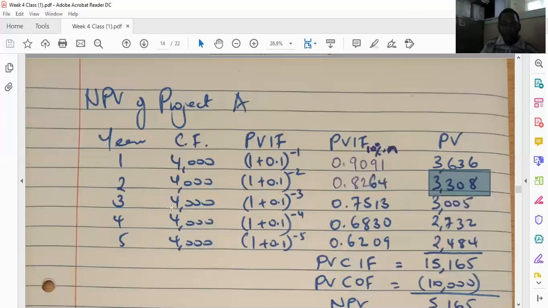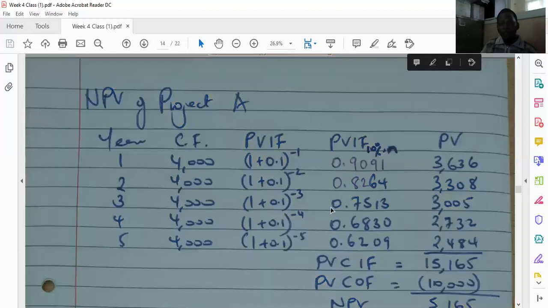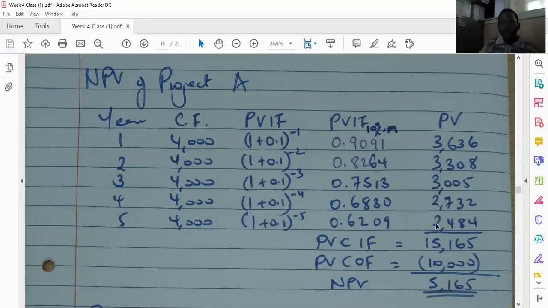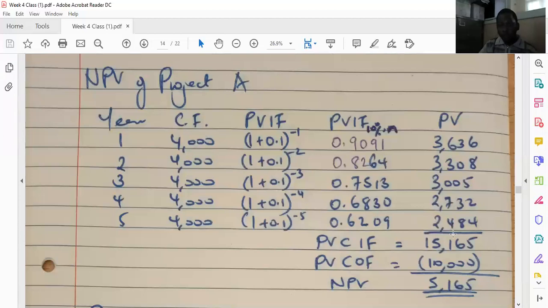The cash flow is 4,000 shillings. We multiply by the present value interest factor at 10% for 3 years. That is 1.1 raised to the power of negative 3, which gives us 0.7513. We multiply 0.7513 times 4,000. We do the same for year 4 and the same for year 5, and then we add those present values. These are cash inflows.